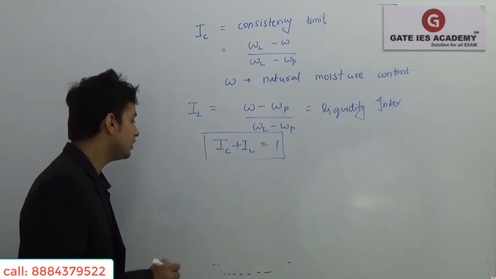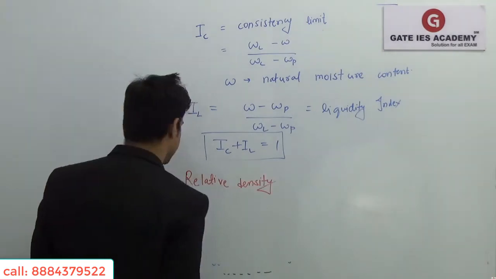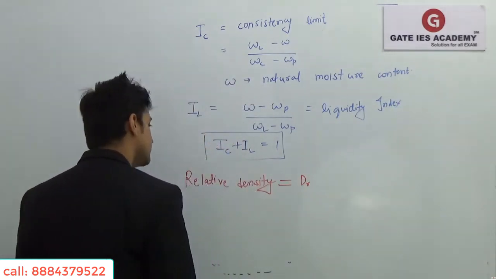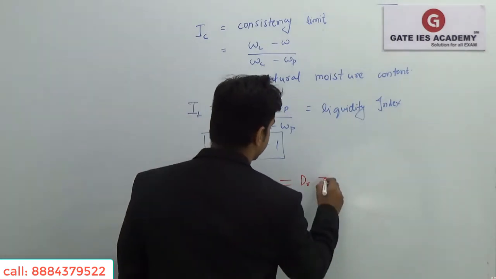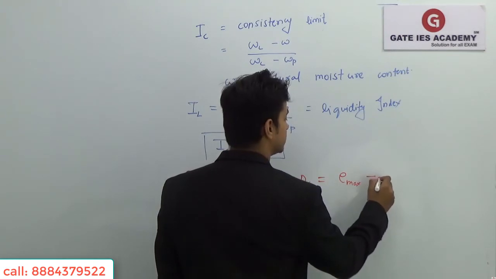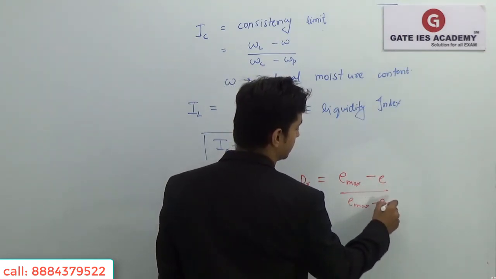Next, we also have relative density. The next formula is for relative density, represented by Dr, and Dr is nothing but equal to Emax minus E upon Emax minus Emin.